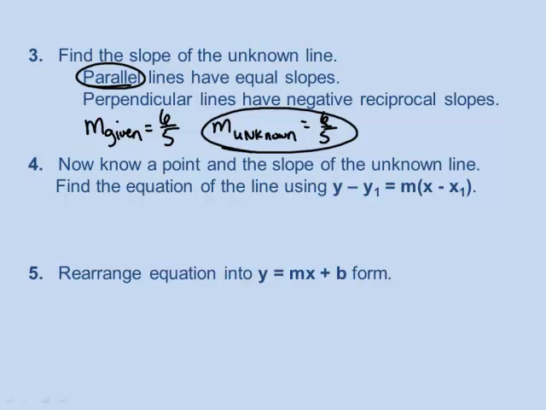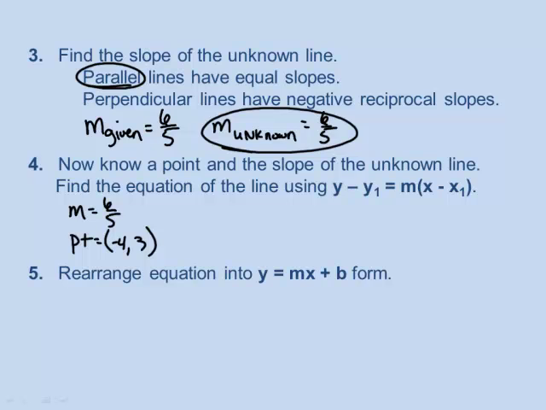So step 4 says, now you know a point and the slope of the unknown line, so you can find the equation of the line using y minus y1 equals m times x minus x1. So we've got a slope of positive 6/5, and we have our point, which was negative 4, positive 3.